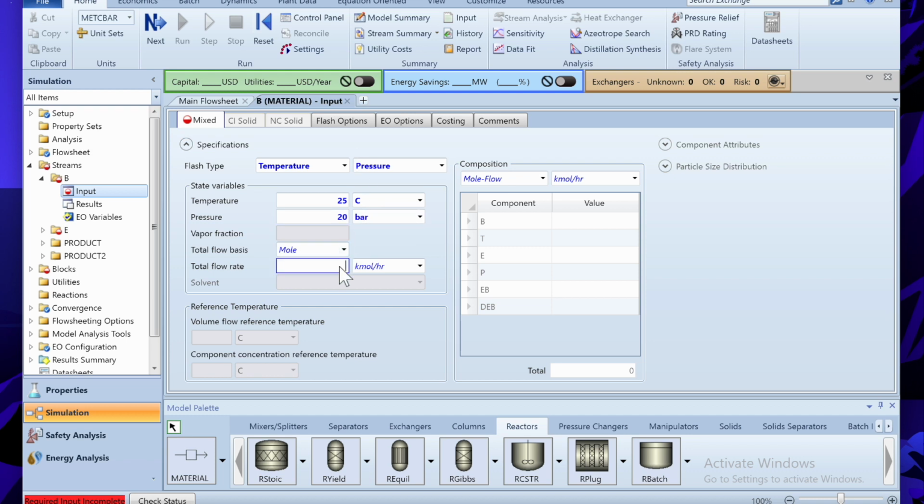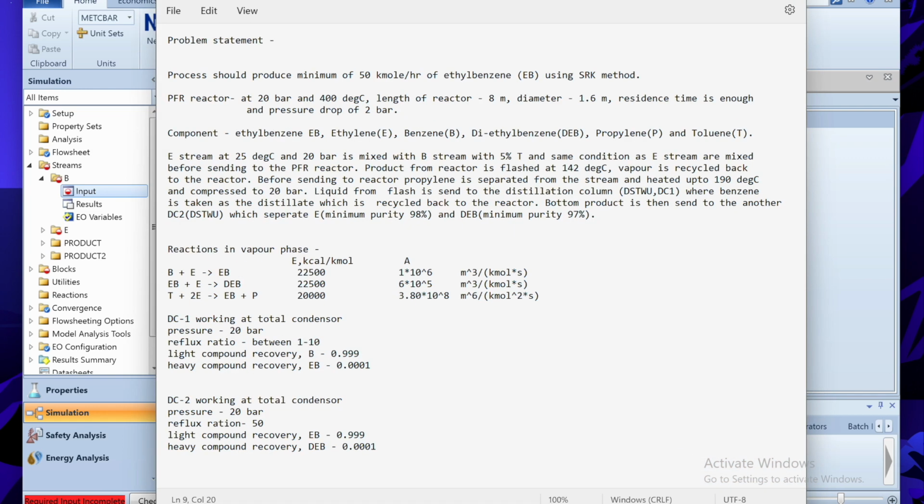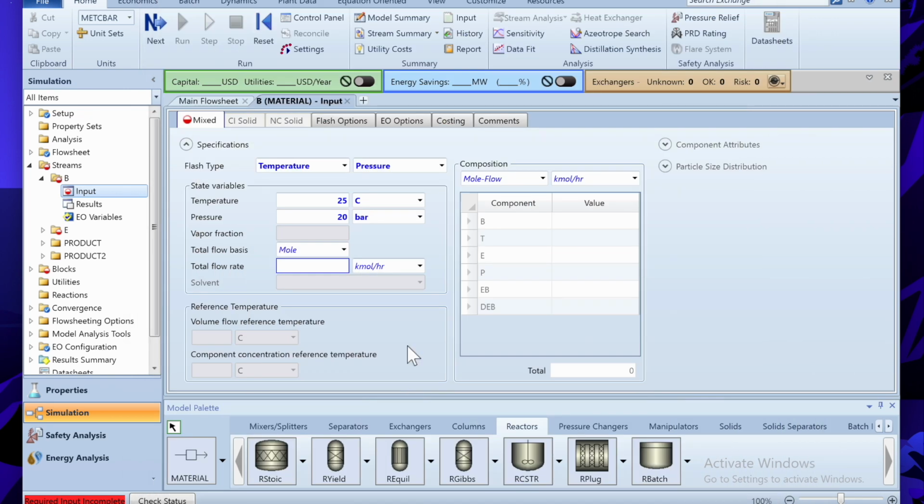The flow rate is not given, so we have to take some guess value. Okay, so I'm taking 50 for the benzene. This is mole fraction, this is 0.95, 0.05. Okay, click next.